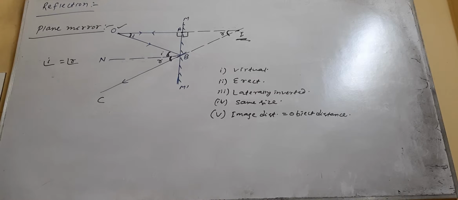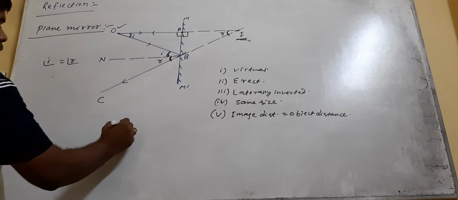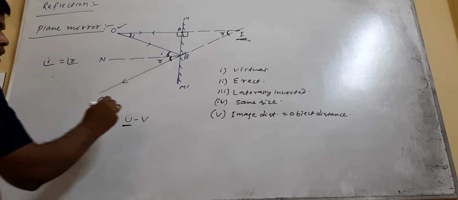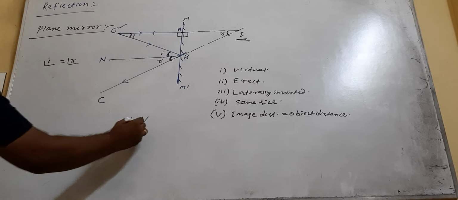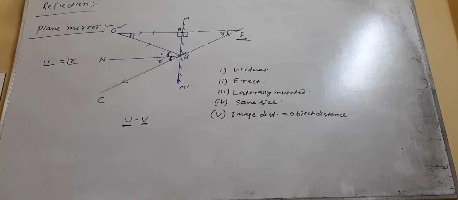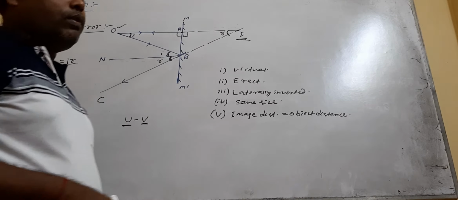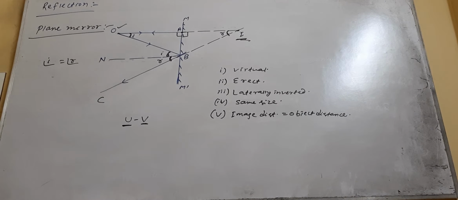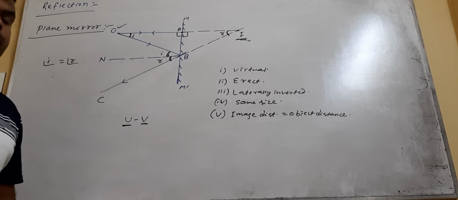You know, in the same direction, the relative velocity is u minus v, where u is the velocity of one object and v is the velocity of the other object. So when you are moving parallel to the wall, on which you have the plane mirror, you remember your velocity will be equal to your image velocity.